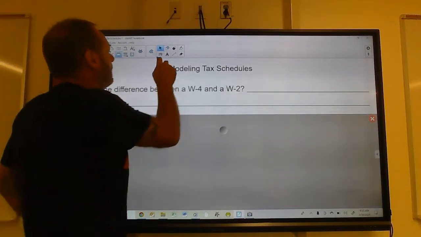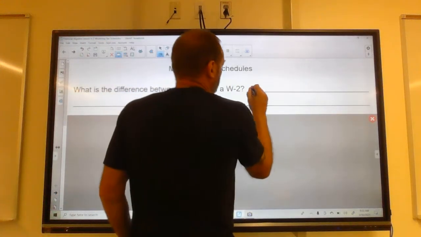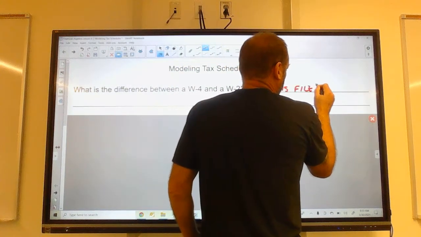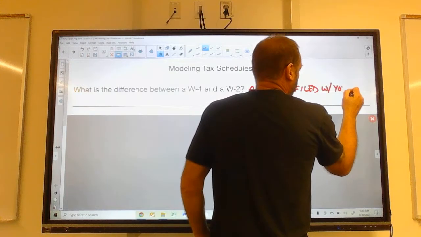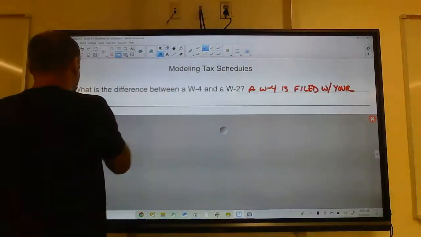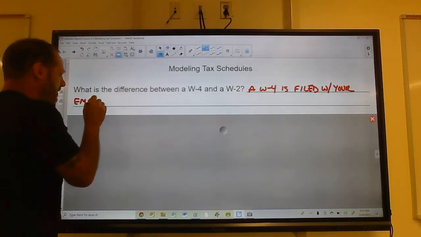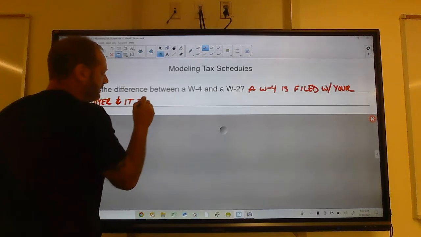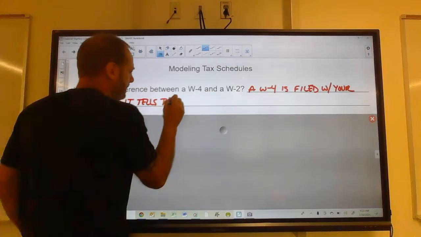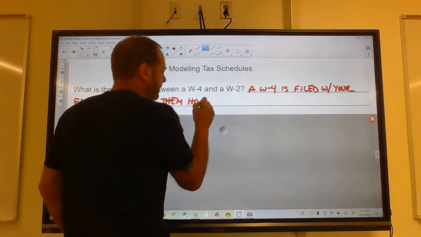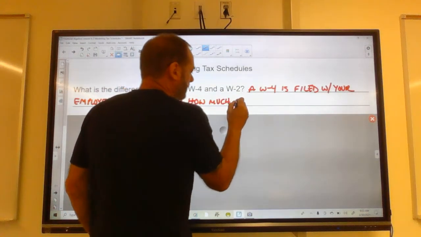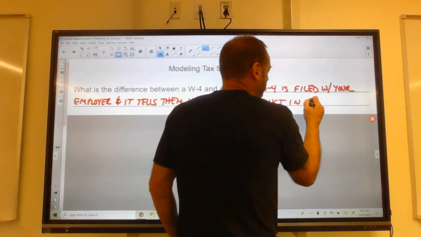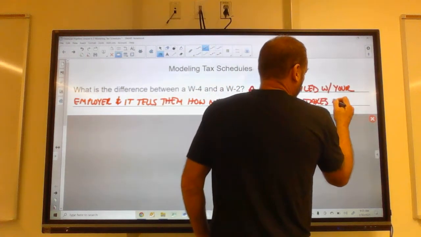A W-4 is filed with your employer and it tells them how much to deduct in taxes from your check.